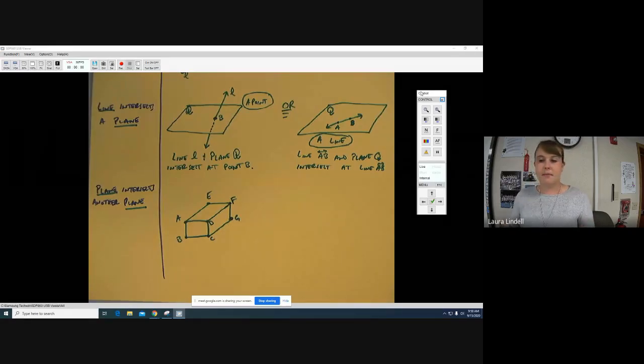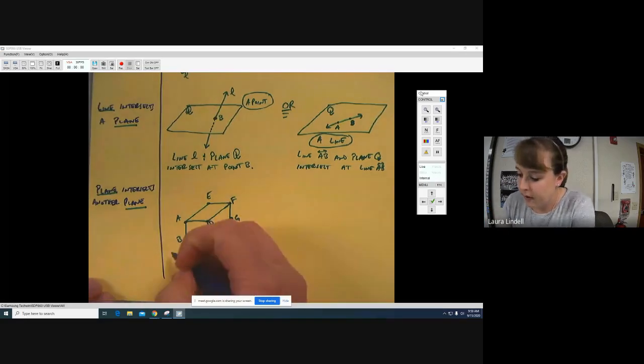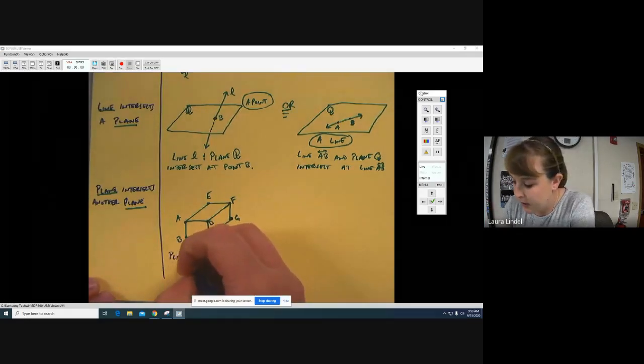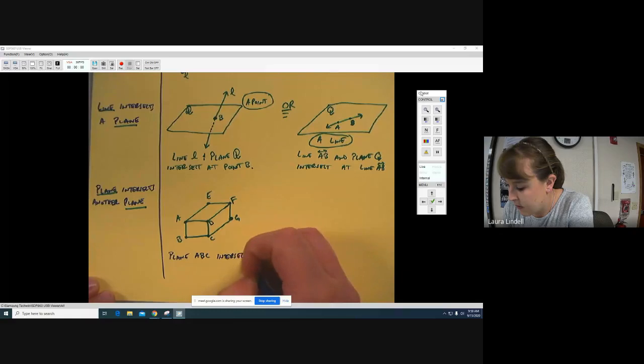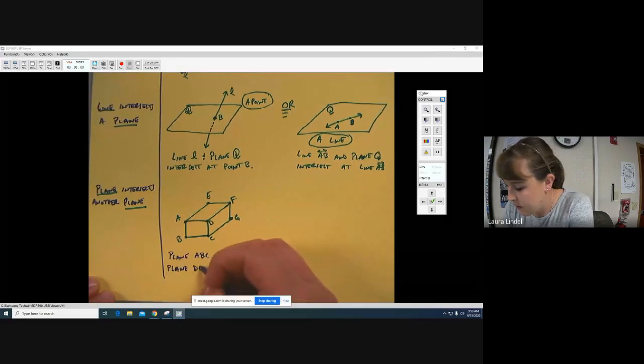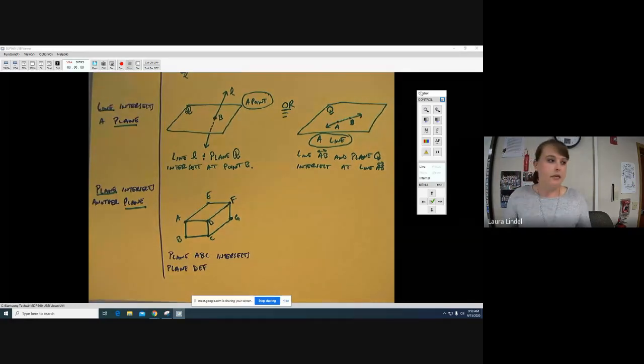So we might be asked something like, where does plane ABC intersect with plane DEF? So we're going to describe this, plane ABC intersects plane DEF. And the way that I like to figure out where two planes intersect is to shade the planes that we're talking about.